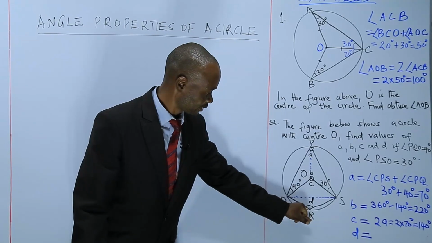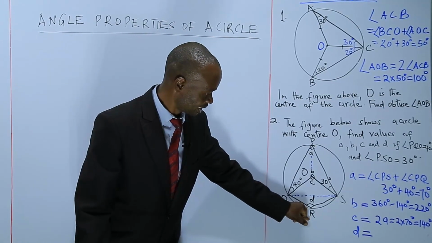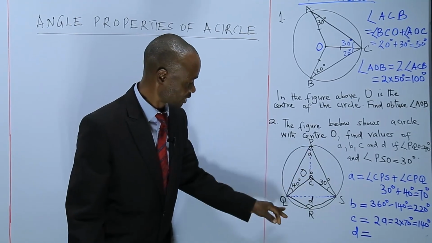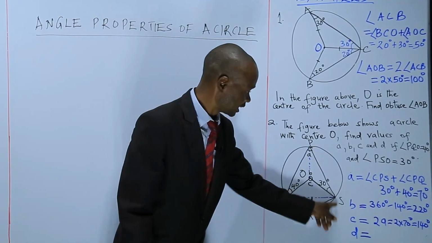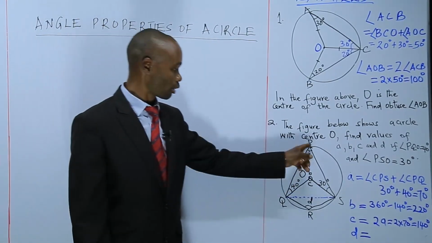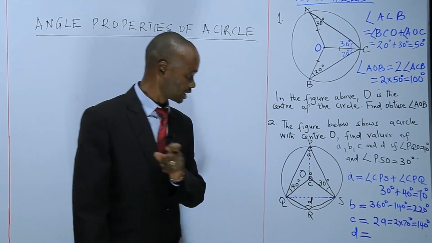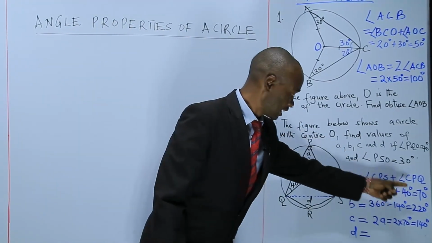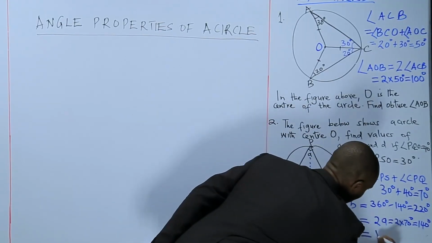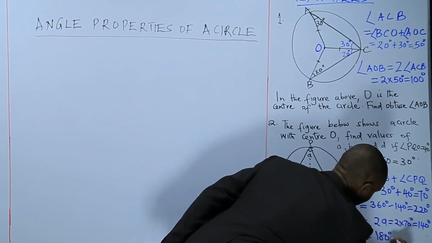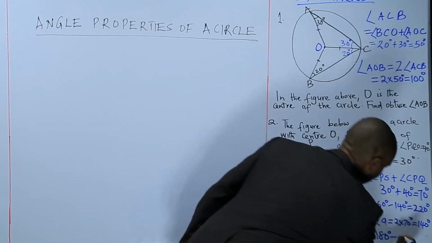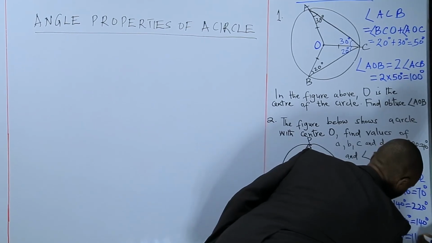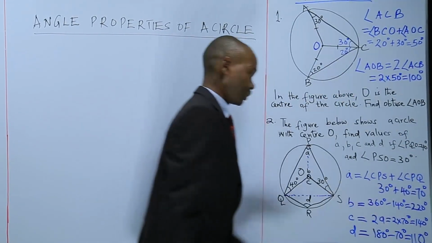QS in the minor segment, and A is that angle subtended by the chord QS in the major segment. These two angles add up to 180 degrees. So if I know A, we got A earlier, D will be equal to 180 degrees, subtract 70 degrees, and it gives you 110 degrees.